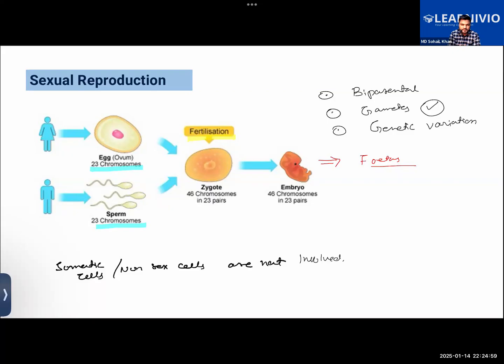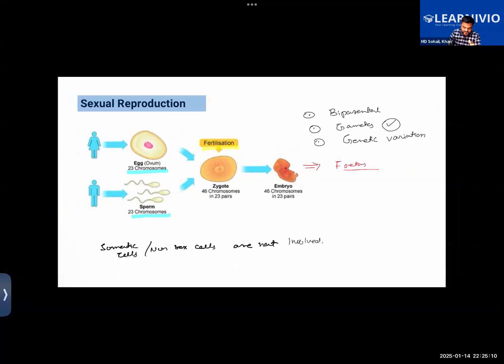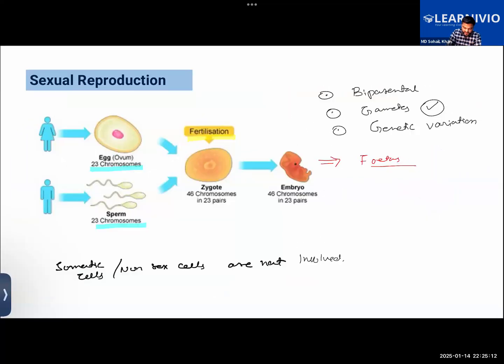And if fertilization doesn't occur, then it sheds with the lining of the uterus. Okay. Good.